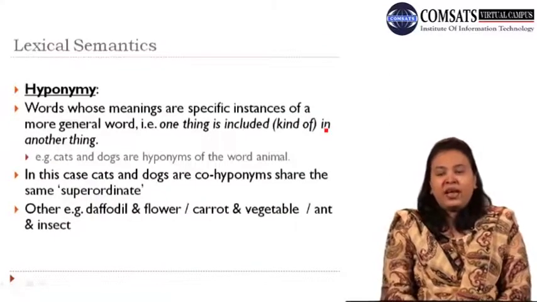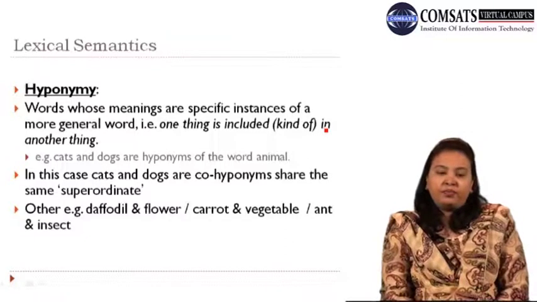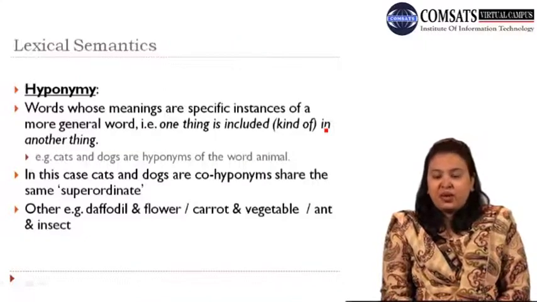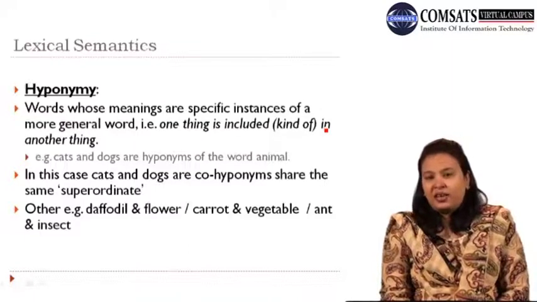Then after synonymy and antonymy, we have another important feature, that is hyponymy. Hyponyms are words whose meanings are specific instances of a more general word. For example, one thing is included in another thing.